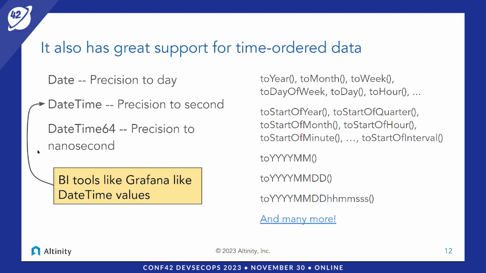So, for example, to be able to normalize a date to the year, to the nearest hour, to the start of the year, and so on and so forth, as well as a bunch of conversion functions to turn it into a month, and so on and so forth. So these are all great reasons for using ClickHouse, and that make it particularly effective for this kind of application.